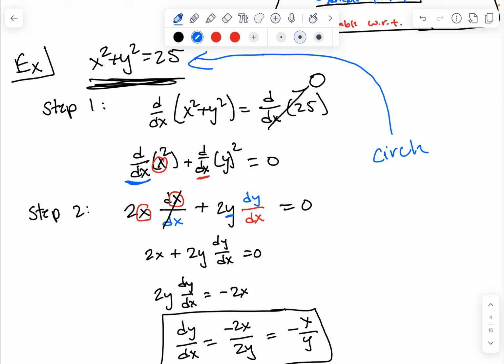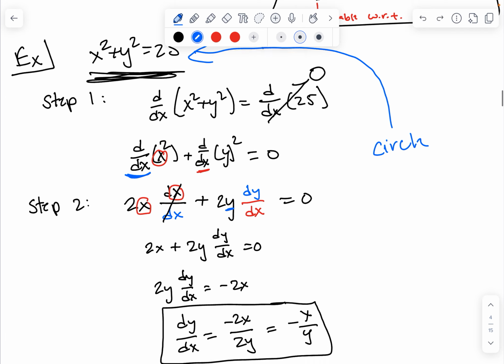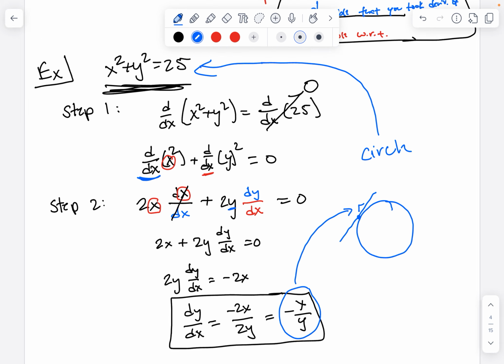Because derivatives tell you the slope, the tangent line at any point of this circle has this slope. I know that's a bit complicated wording wise, but remember, the derivative is your slope. So if you have your circle, at any point on the circle, this is your slope. All right, hope that made things clear.